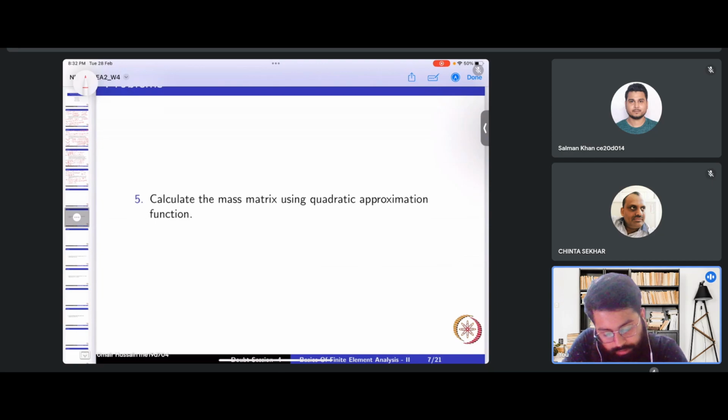So we have to calculate the mass matrix using the quadratic approximation function. So we know the mass matrix.